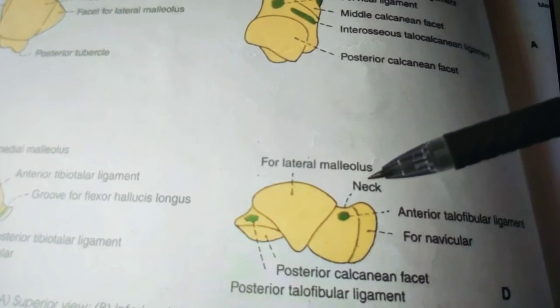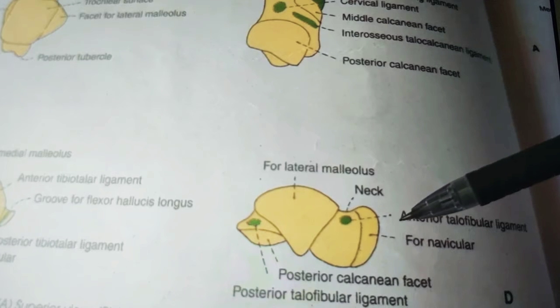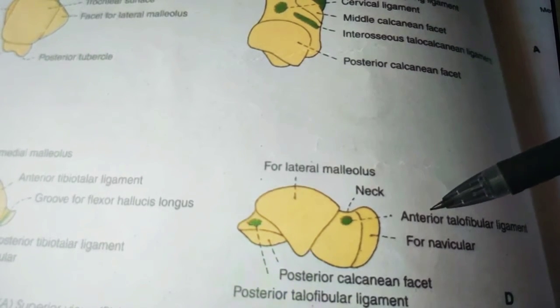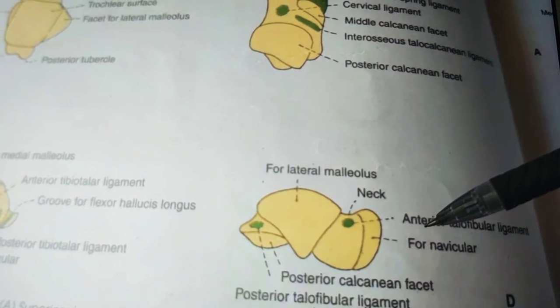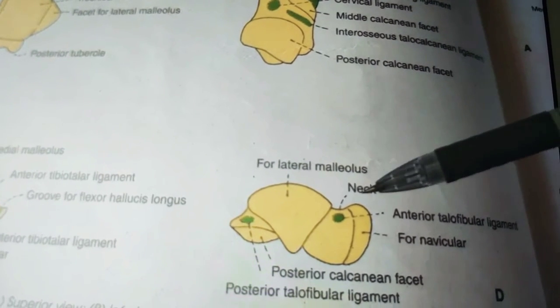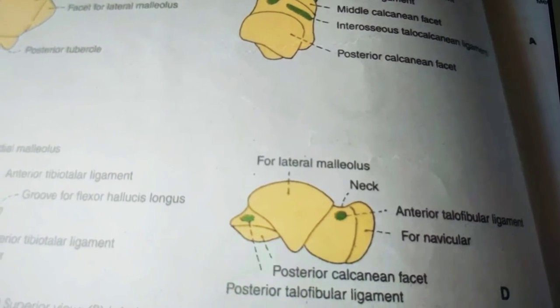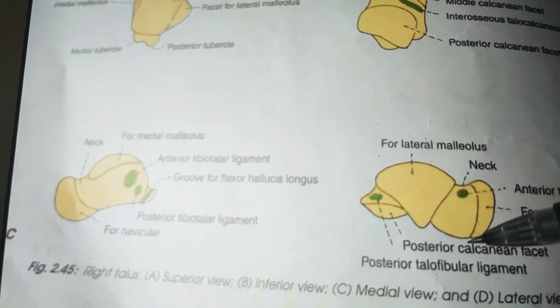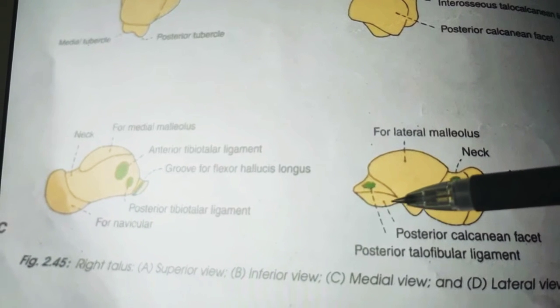The posterior part of the lateral surface is separated from the trochlea by an ill-defined small triangular area which articulates with the inferior transverse tibiofibular ligament.